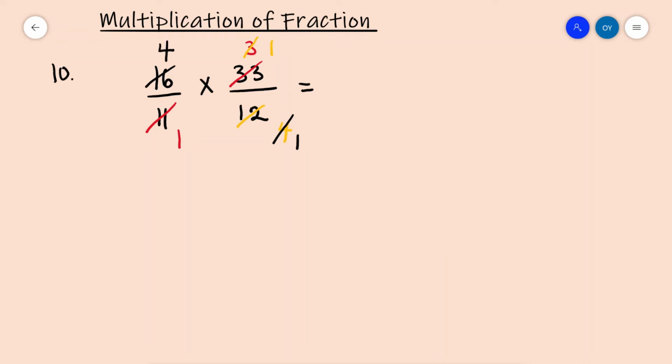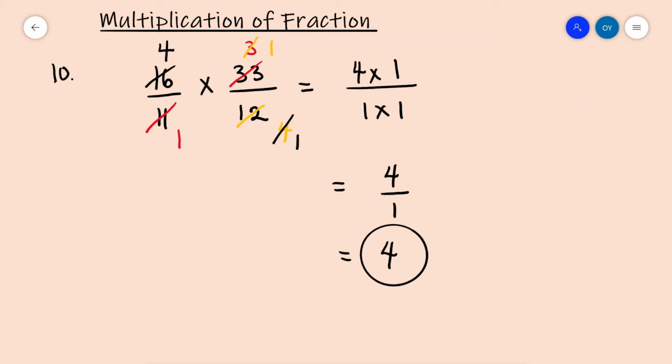Then if we look here again, 4 and 16, the greatest common factor is 4, so we divide through with 4. So our leftover now is 4 times 1 over 1 times 1. And this is 4 over 1, and that is 4.